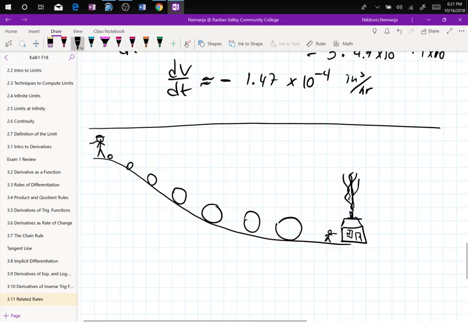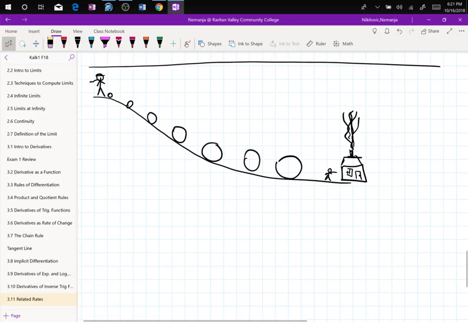The little snowball in time becomes a larger ball. So we know that a snowball maybe starts with a 2-inch radius, and by the end of the run on the bottom, it picked up a lot of snow. The volume is larger and the radius is larger. So the question is, how fast is the volume growing when the radius is, whatever, 7 inches.